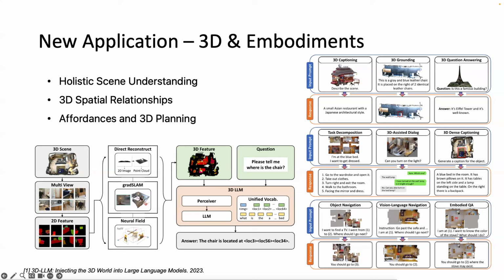I think this is also a future trend because we want to study the whole spatial intelligence, as recently proposed, right? Spatial intelligence requires really great spatial understanding, and 3D and embodiment can benefit from that a lot.